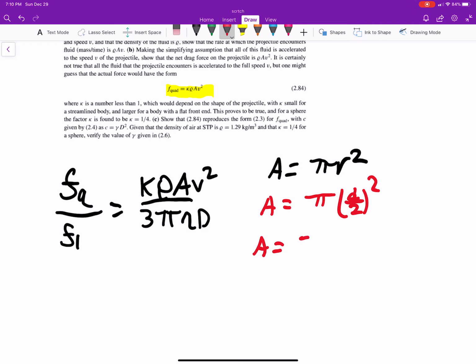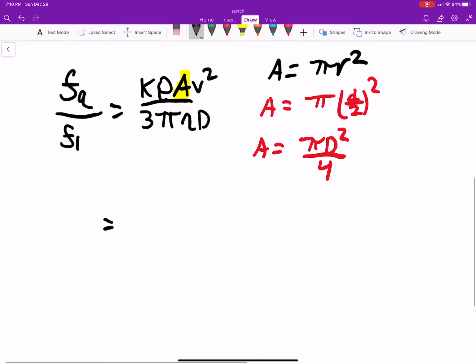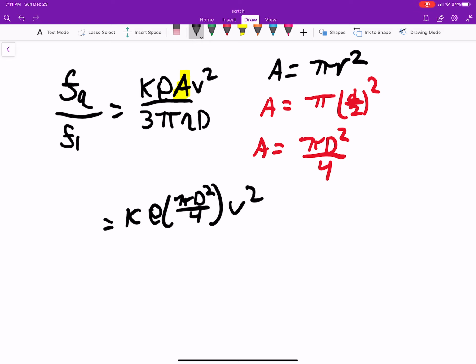Or is pi d squared over 4. Okay, well, we can plug that in for the A here. So let's just write this all down. So instead of A, we can put pi d squared over 4. I think that makes sense for the most part. Hopefully everyone's okay with that.